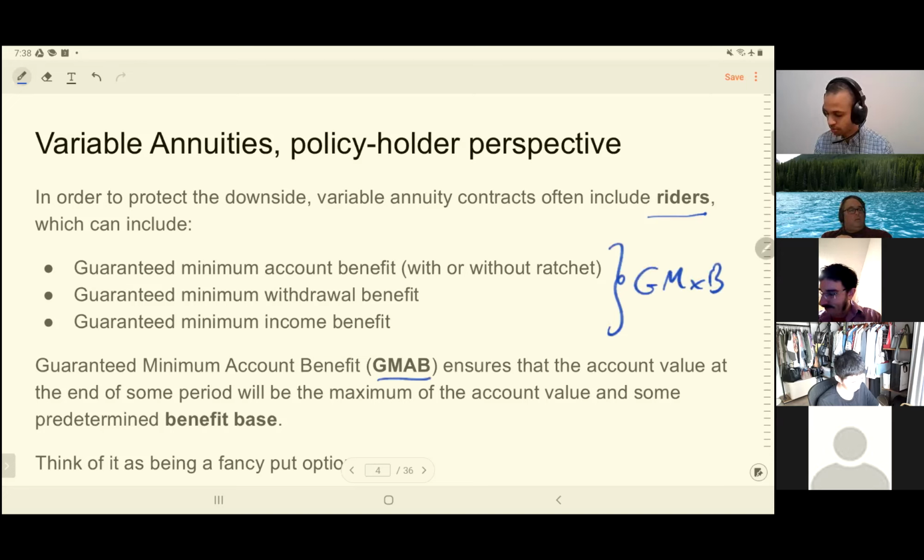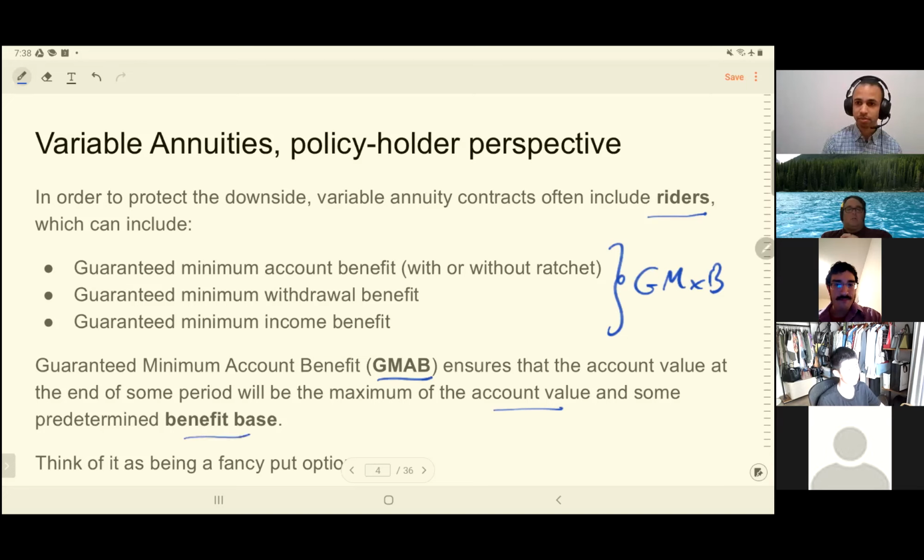We'll be focusing in particular, just so that we have a concrete example to work with, on the guaranteed minimum account benefit. What that says is that at the end of some amount of time after the onset of the contract, the account value will be the maximum of the account value itself, as computed by this usual sort of 401k-like procedure, and then some predetermined benefit base.